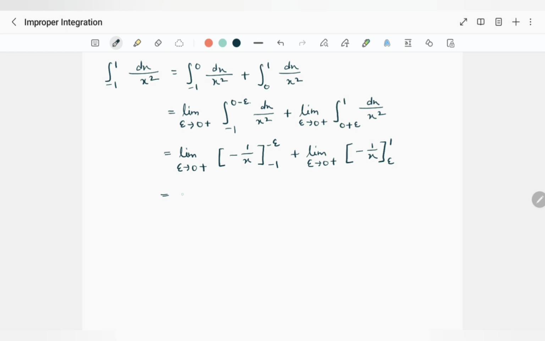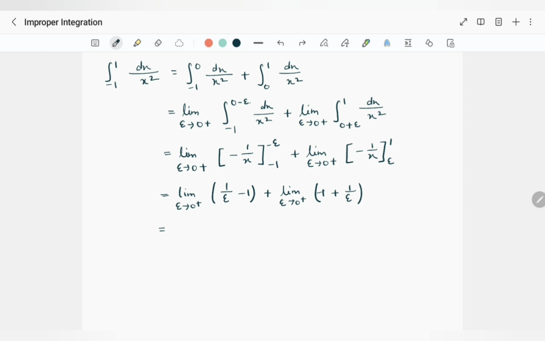This is equal to limit epsilon tends to 0 plus 1 by epsilon minus 1, plus limit epsilon tends to 0 plus minus 1 plus 1 by epsilon.